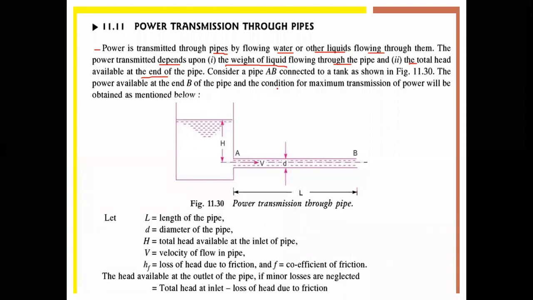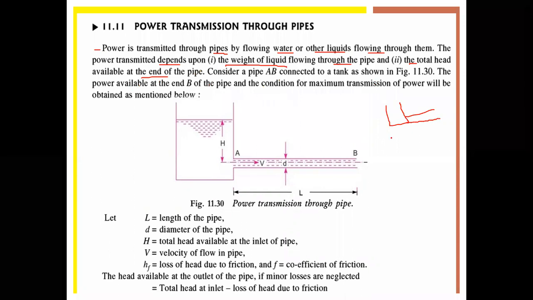Now consider the pipe AB connected to your tank as shown in the figure. So draw a tank, draw a pipe. Whenever you are drawing the pipe, don't draw it like this, it gives a negative impression.